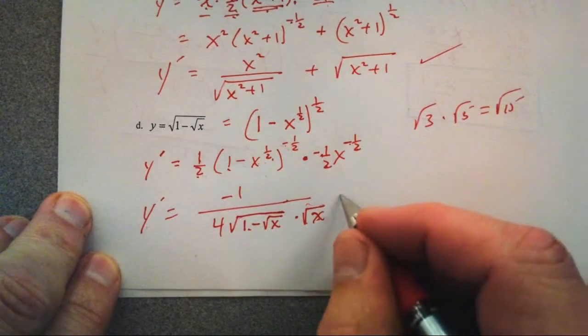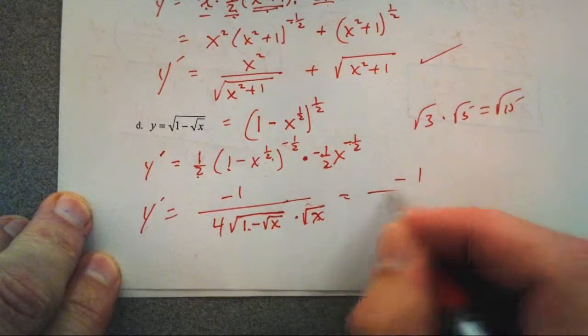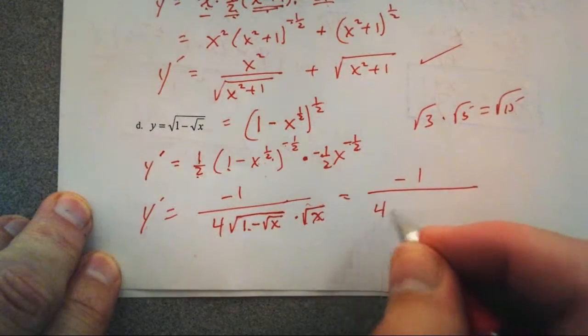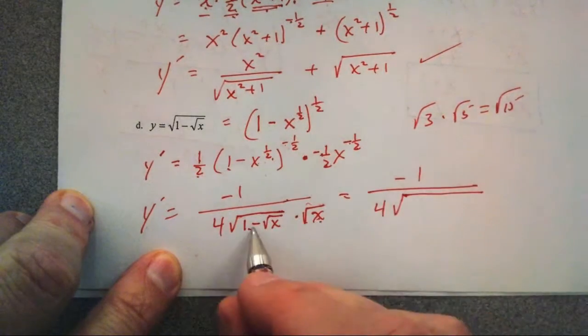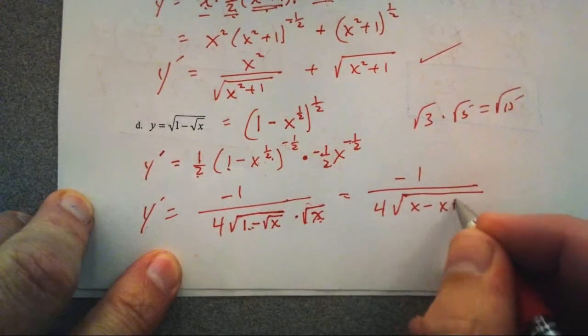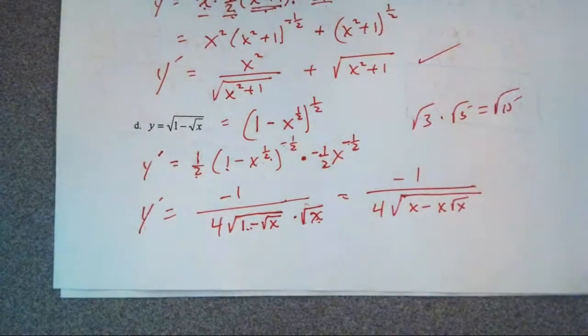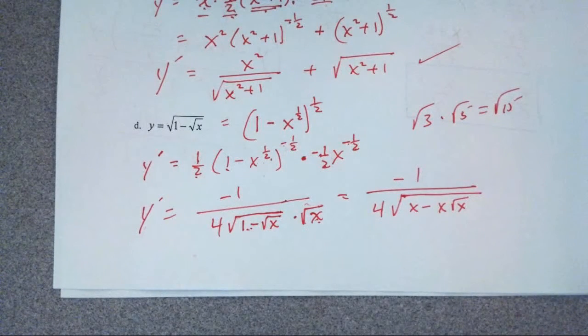I don't know if the back of the book would do this or not, but we need to be able to check and see if our solutions are correct. I could take x and distribute it through and get x minus x root x. It's possible that's the solution. Is that okay?